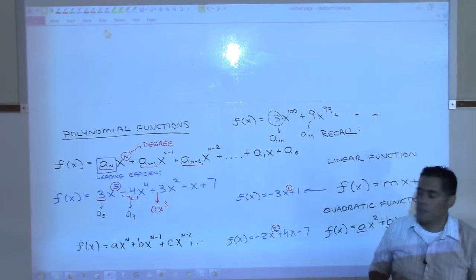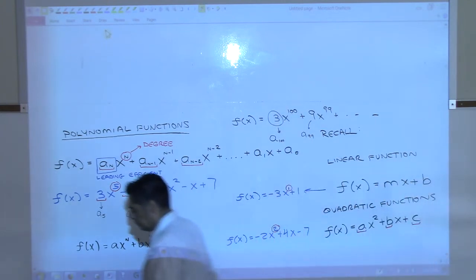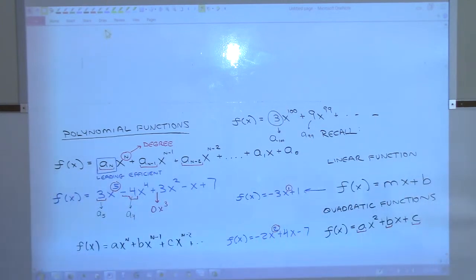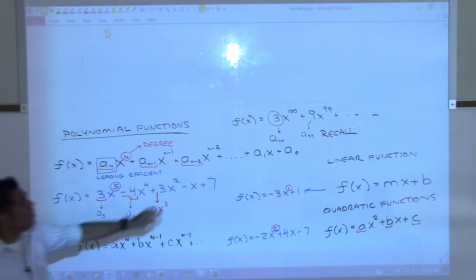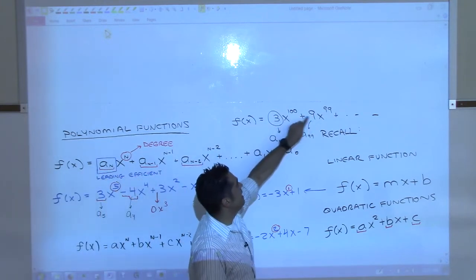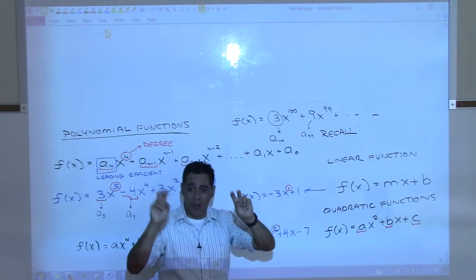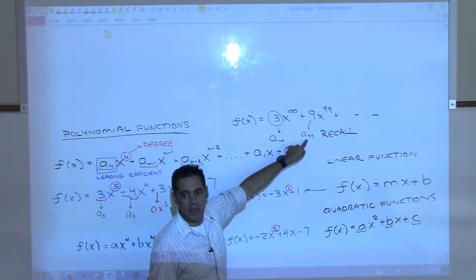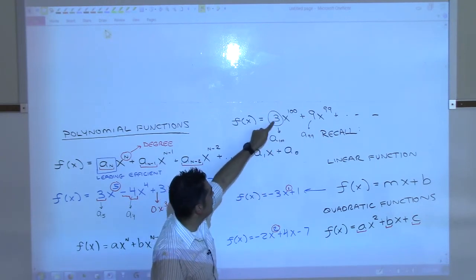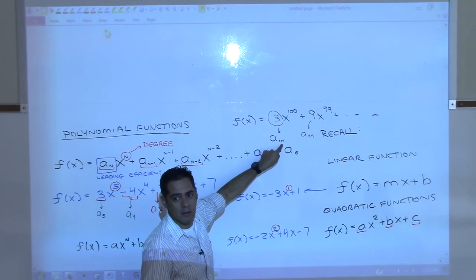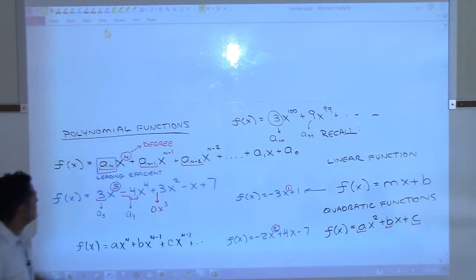Are we saying that on polynomial functions, the sequence of the numbers has to be exactly like that? No, the number itself can be anything. What we call it, though, is always going to be, like, we're going to call this number 3 a sub 100. Yeah, because now we are in the decreasing sequence, right?